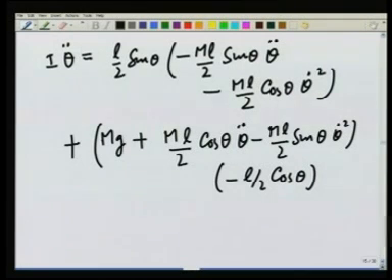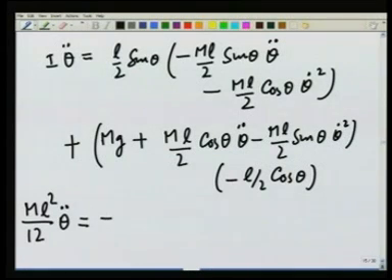Let us see what we get when we add these two. On the left hand side I get m L square over 12 theta double dot, which is equal to minus mgL over 2 cosine of theta, that takes care of this term.